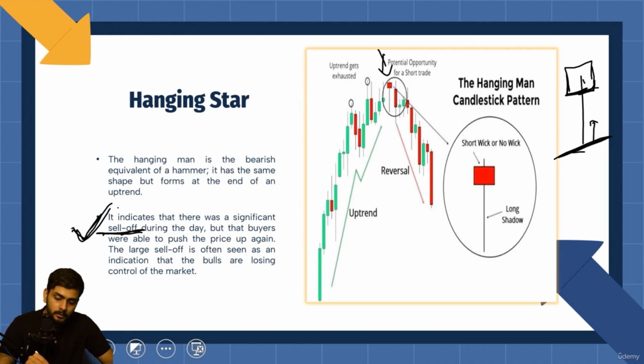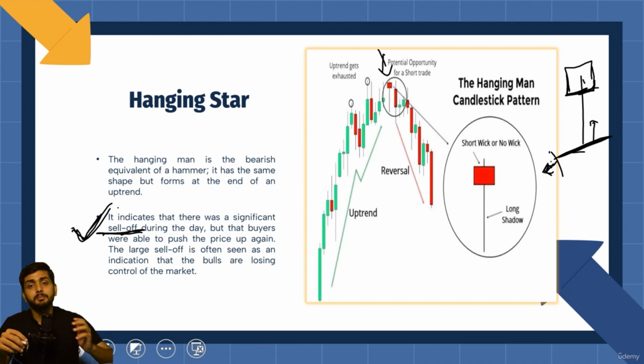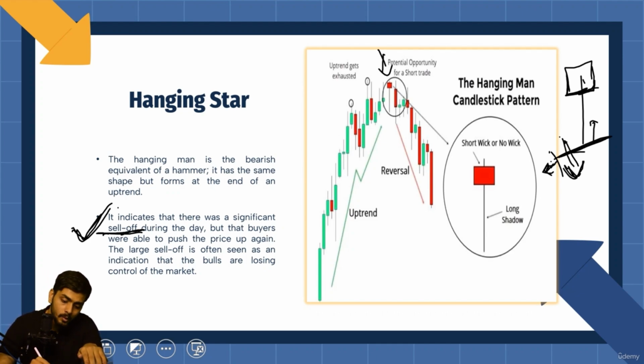Market went down, but bulls were stronger at this point of price, and pushed the market up. So there is a selling pressure, but the selling pressure was lower than the overall bullish or upward pressure. Clear? That is why this candle is formed.